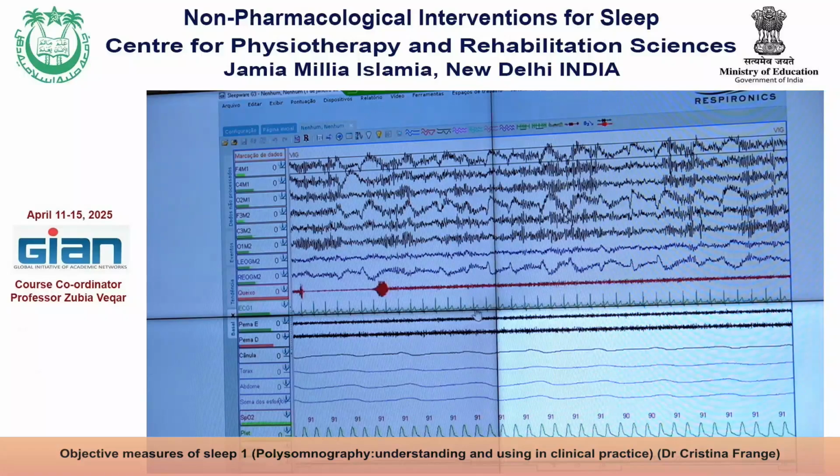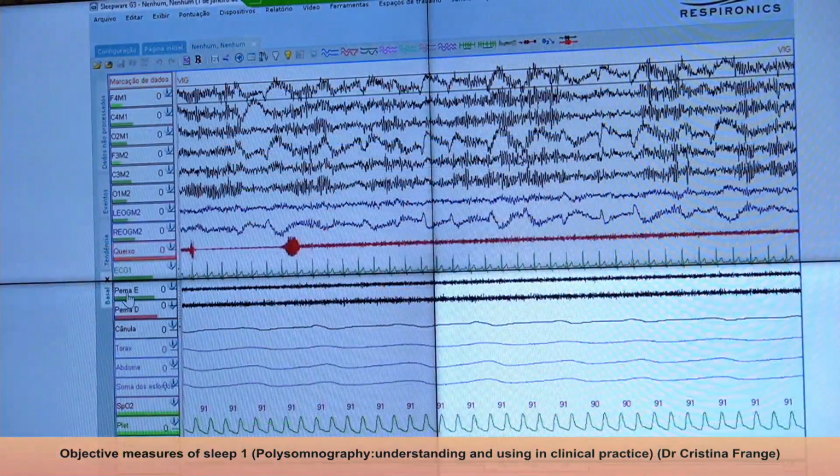Here we have the heart rate, okay? And here we have the left leg and the right leg. So we see here the nasal cannula, the thoracic belt, the abdomen. The respiratory effort is here in this line. And here we have the saturation of the patient, 91%, 90%.